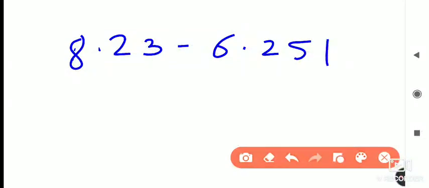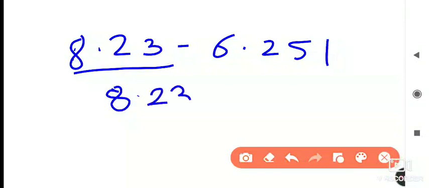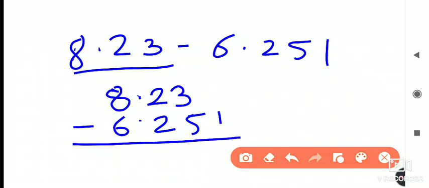Now I have to do the subtraction of this fraction. First of all, I have to write this number on top: 8.23. As I told you before, the point is there, so point below point we have to write here: 6.251. We have to do the subtraction of both. So point below point we have written here.